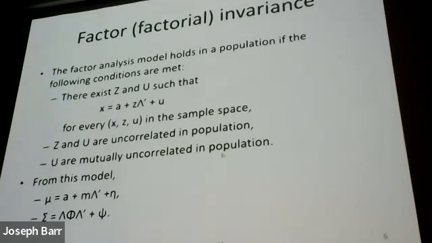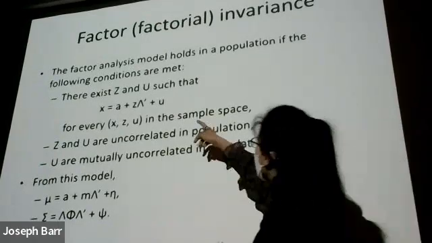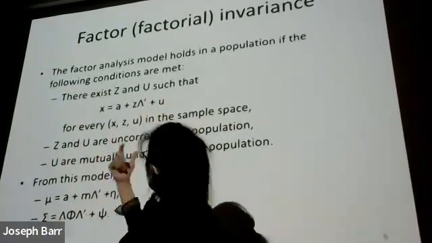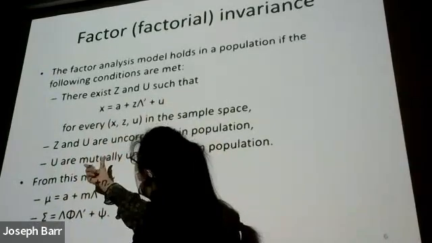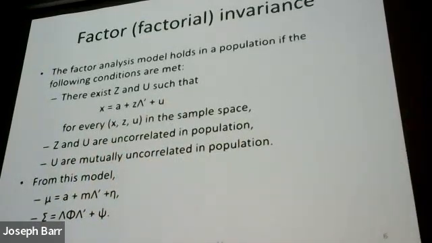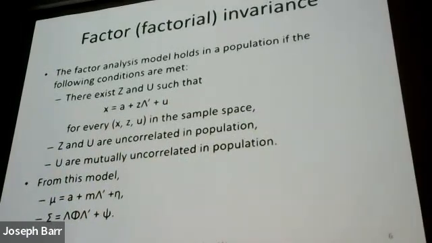What does that mean? All the residuals are independent. For X1 we have U1, for X2 we have U2. So they are mutually uncorrelated in the population. They are not correlated. That is the assumption for U.